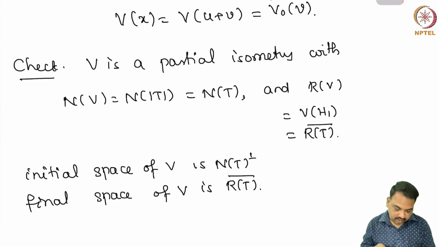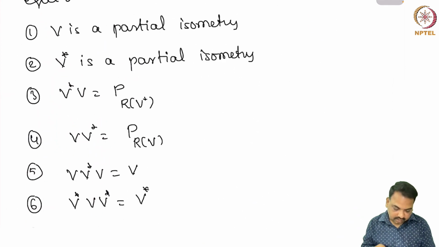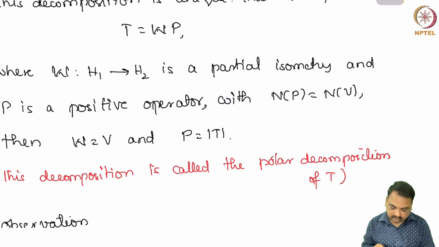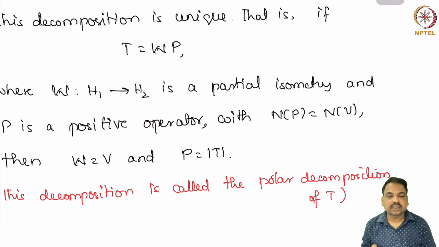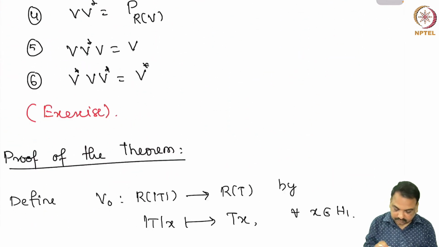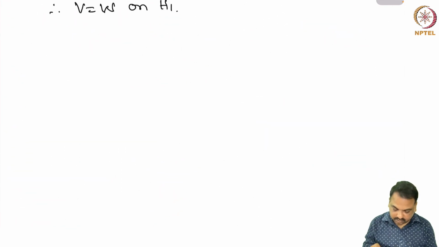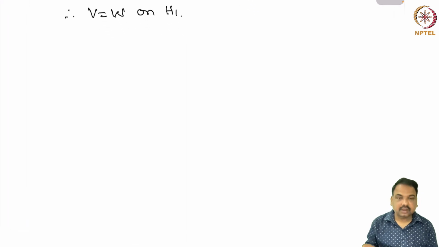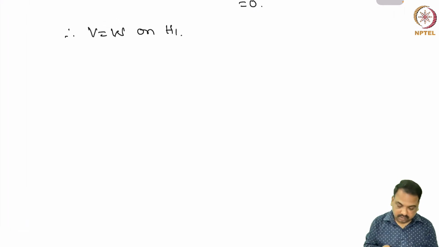So we have shown that when we have another decomposition satisfying this property, kernel condition or null space condition, we can show that the partial isometry and the positive operators are unique. So this is the polar decomposition result. Now let us look at some important information.